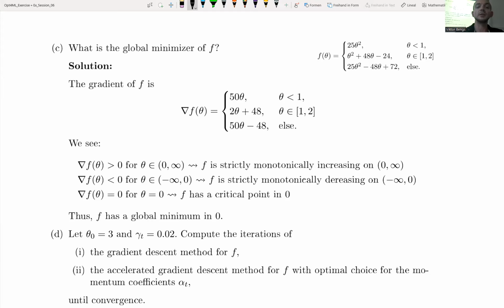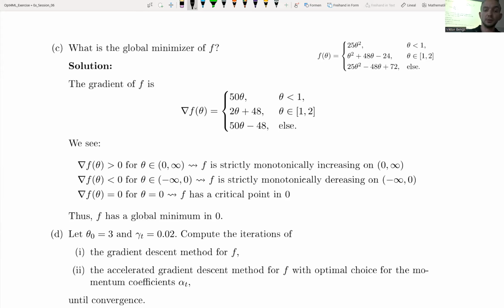So you see the gradient is strictly positive, which means that the function f is strictly monotonically increasing on that range. The same or almost the same argument holds for the range between minus infinity and 0.